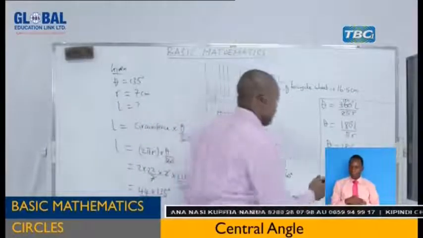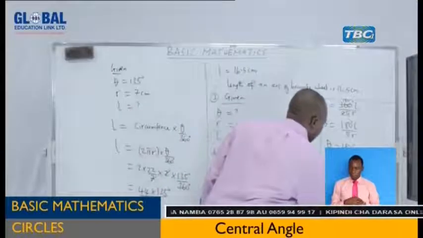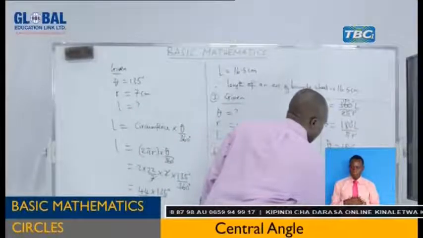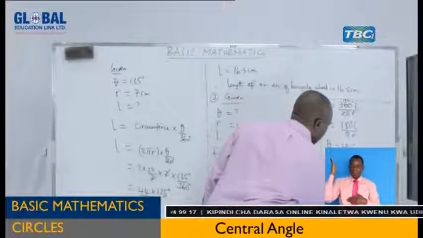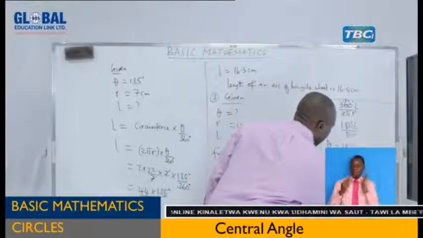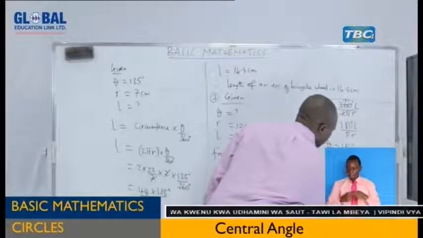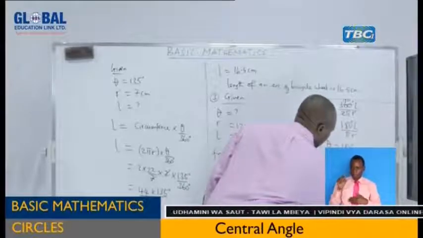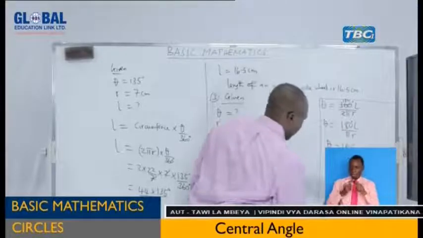Rearranging, this is the same as 180 degrees times 30.8, then times 7, over 22 times 12.